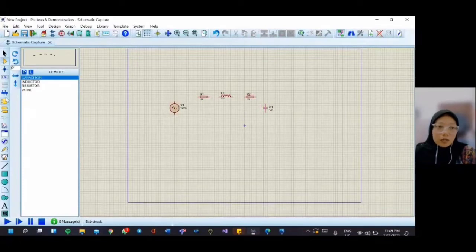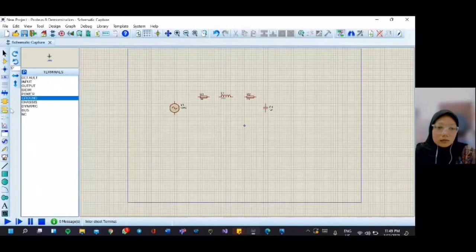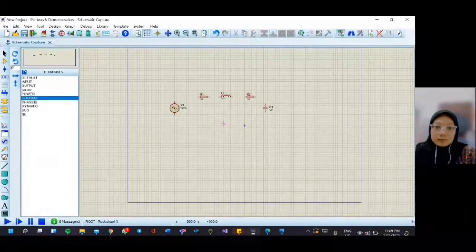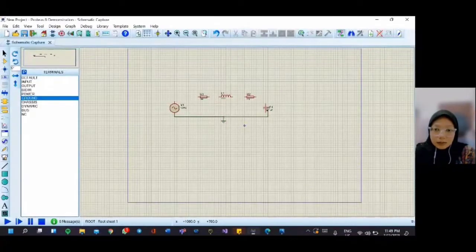We do not forget to take the ground here. Now we can connect the circuit.